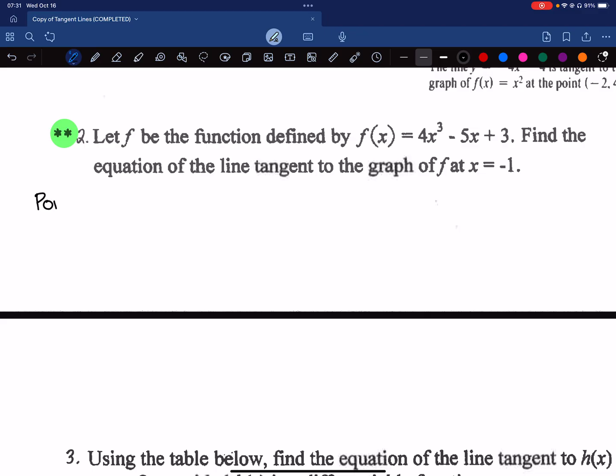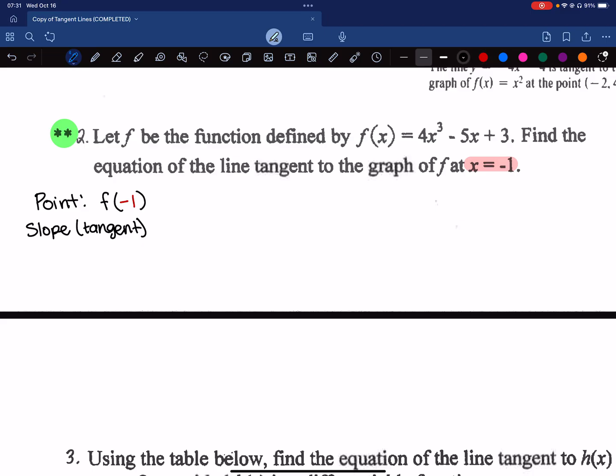You need a point and you need a slope. And the slope has to be the slope of the tangent. Okay, now we know an x value because that was given to us. The x value was given to us, -1.